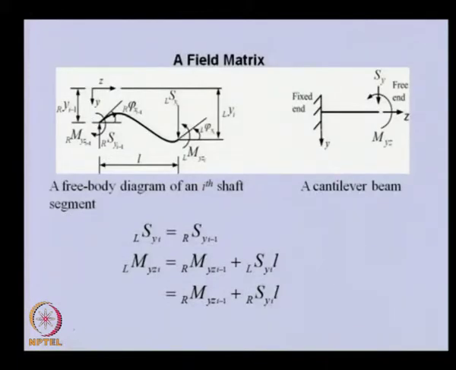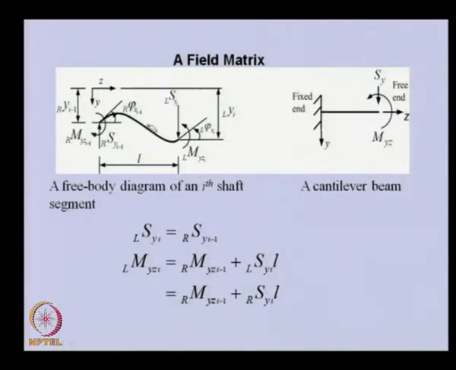Now, if we want to develop the field matrix, this is a particular shaft segment, the ith shaft segment. We have the z axis along the shaft axis, and y in the transverse direction.